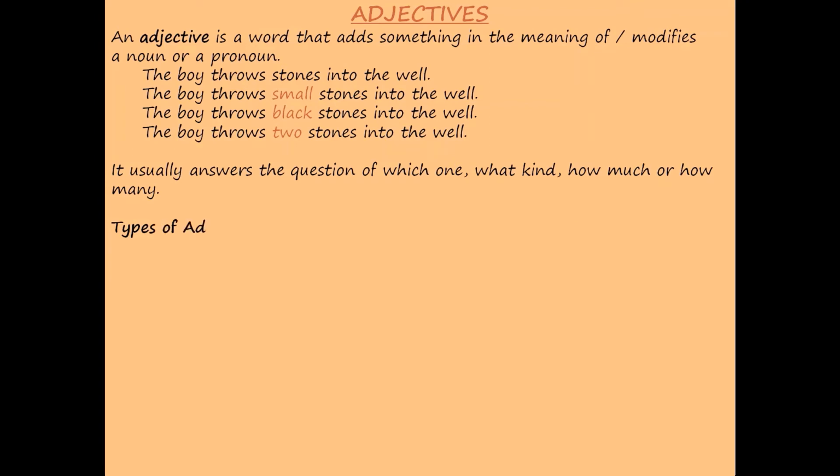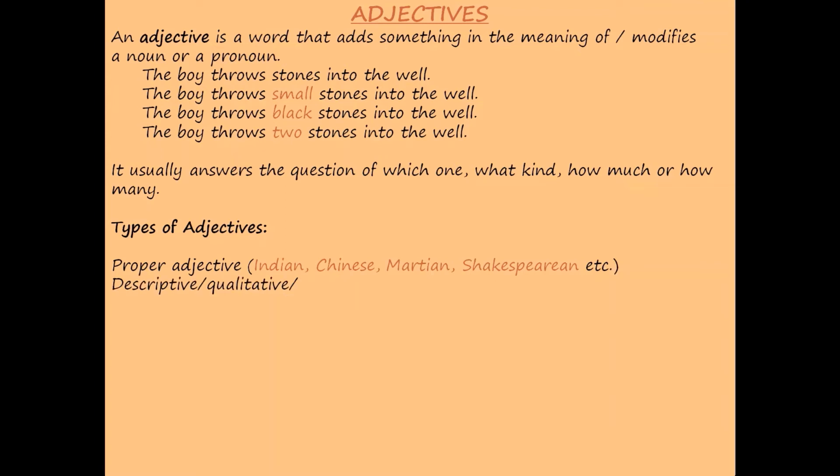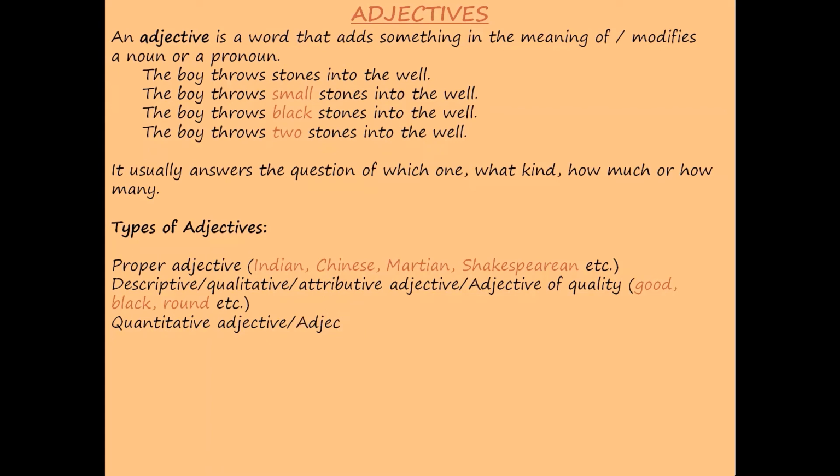Now let us go through the types of adjectives. Adjectives may be proper, that are formed from proper nouns, as Indian, Chinese, Martian, Shakespearean. An adjective can be descriptive, that describes something, qualitative, that has the quality, attributive, or we can say adjective of quality, as good, bad, small, round, etc. Quantitative adjective or adjective of quantity, that tells the quantity of something.